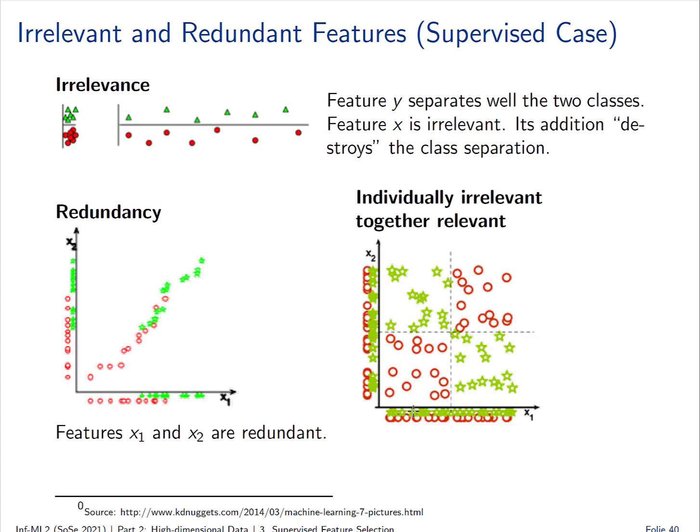And if we add a lot of those things that are individually irrelevant but together are absolutely relevant for our task, then again it's a blessing of dimensionality. So just keep in mind that features that look irrelevant by themselves may be, in combination with other features, very relevant, and that makes the whole task of finding relevant and irrelevant features, of course, very hard. Makes sense, hopefully.